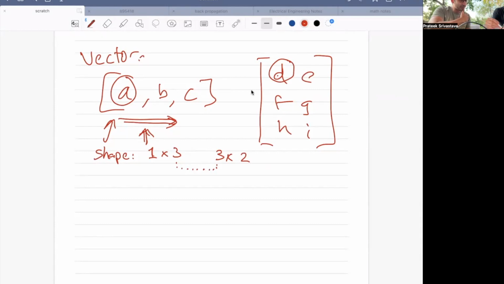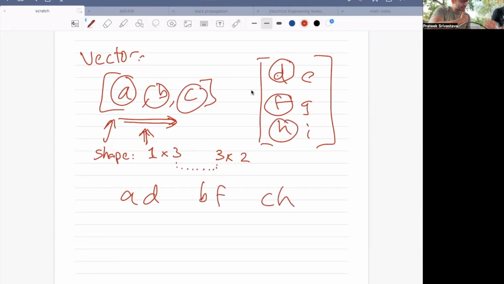Second thing we do, so we get AD for one thing here. And I'm pretty sure the next thing we do is B times F. And the third thing we do is C times H. And what do we do with these 3 things? We add them together.